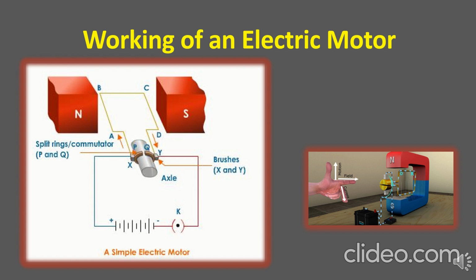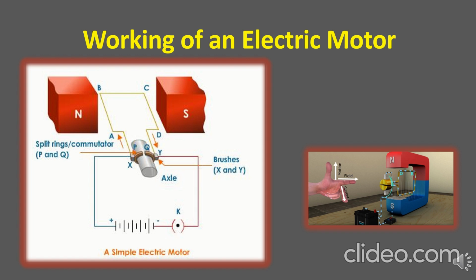So the force exerted on the branch CD is in the upward direction. Thus, because of the force and the current, the loop and the axle start rotating in an anti-clockwise direction. This you can understand by the second diagram, where the fingers show Fleming's left-hand rule, and the axle and the loop rotate when the current is passing.